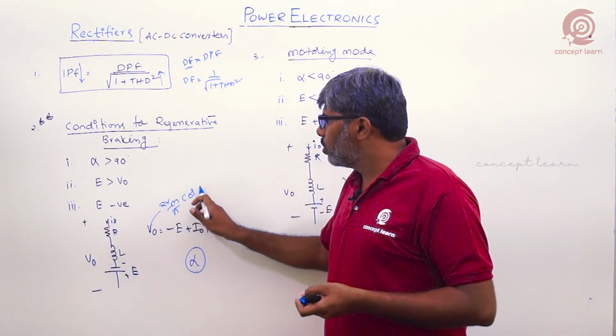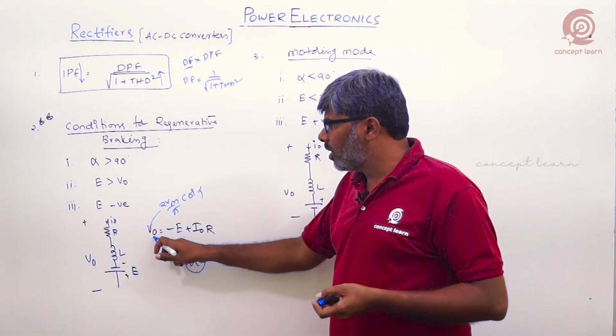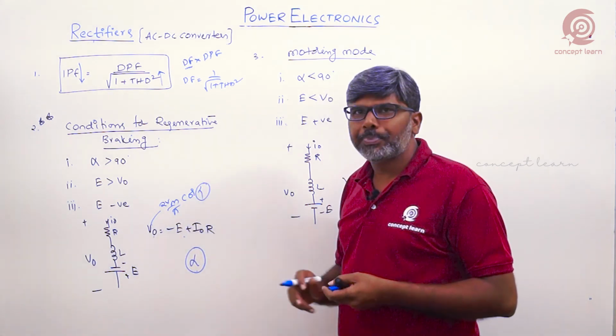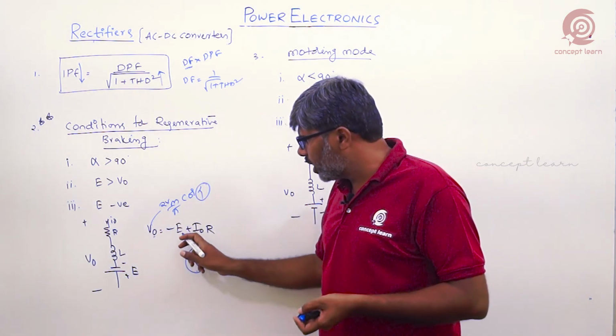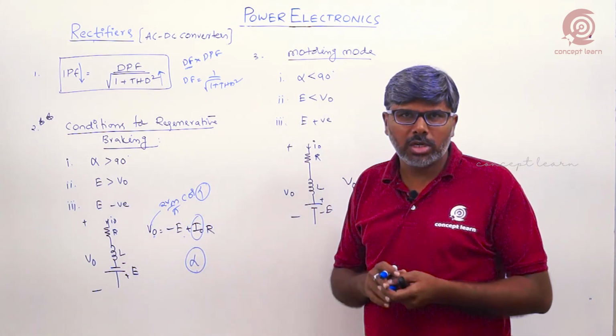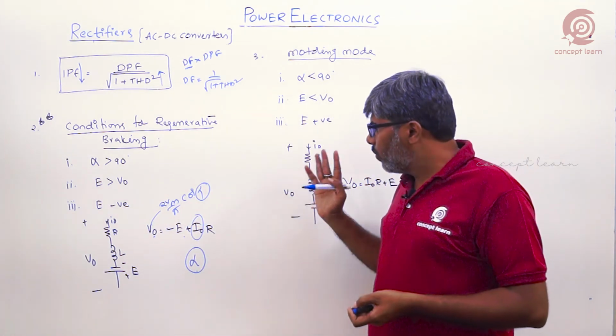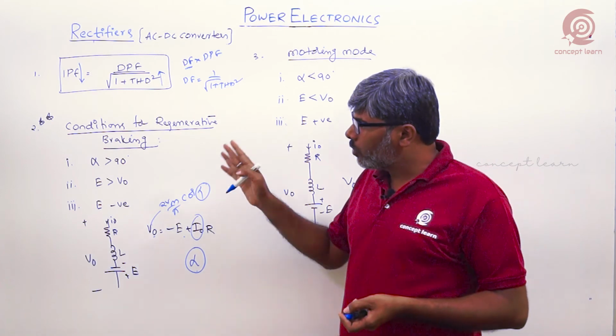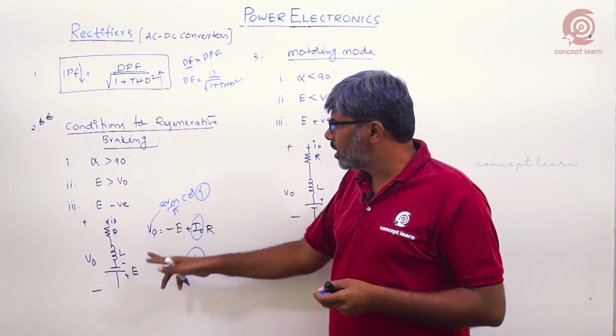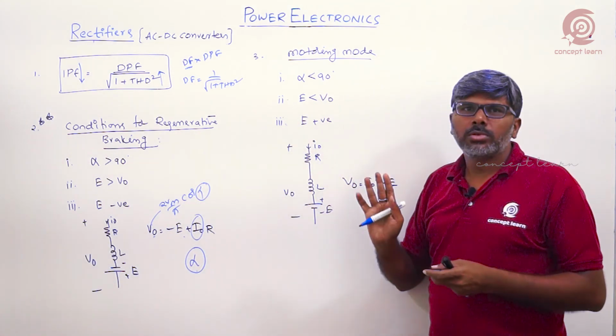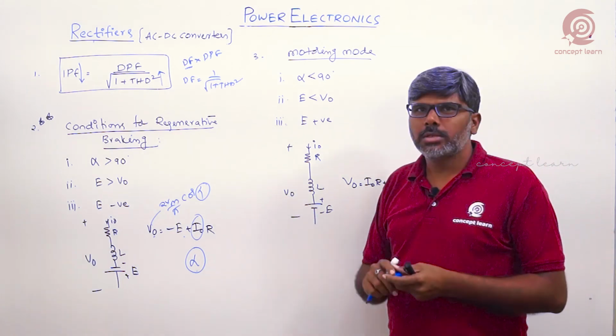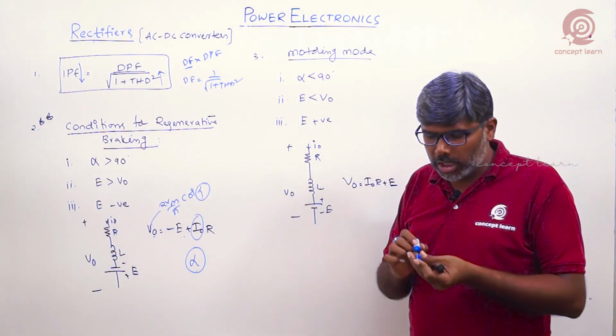So using this relation, calculate V naught and get alpha. Or if you know V naught and E, calculate I naught. Before calculating all these things, you have to know the conditions. These are the conditions to find the parameters in both braking mode as well as motoring mode of operation.